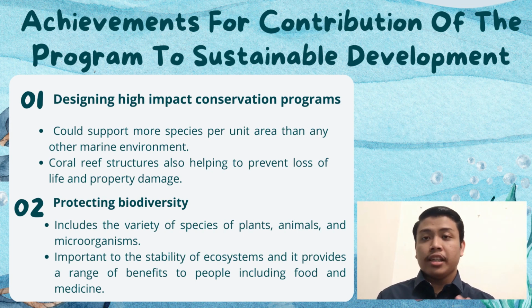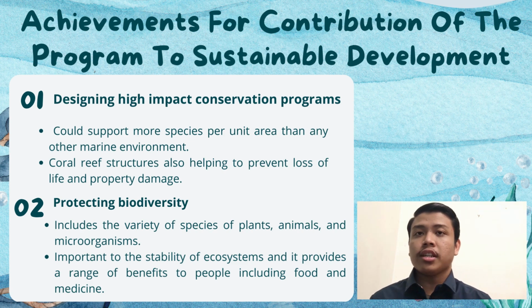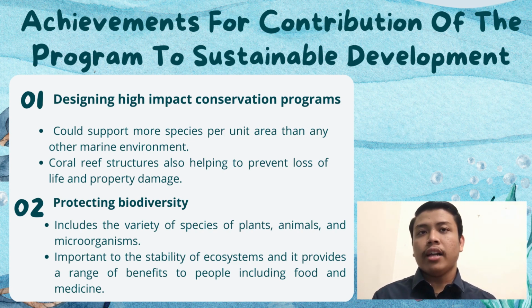It is important as it contributes to the sustainability and resilience of the ecosystem, and it provides a range of benefits to people, including food, medicines, and other resources. Loss of biodiversity can also have negative impacts on the long-term survival of species.